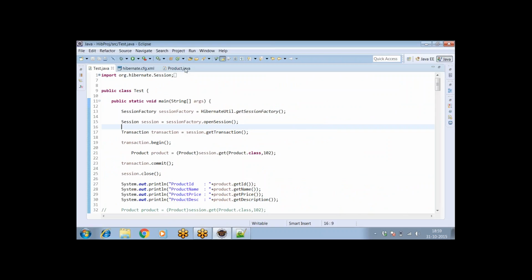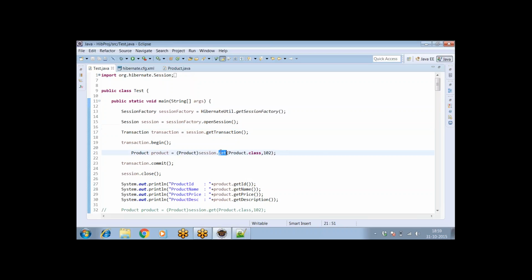The get method will eagerly load the record. That means whenever you call the get method, it will straight away connect to the database server, execute that select query, fetch the record, and return that record here as an object.